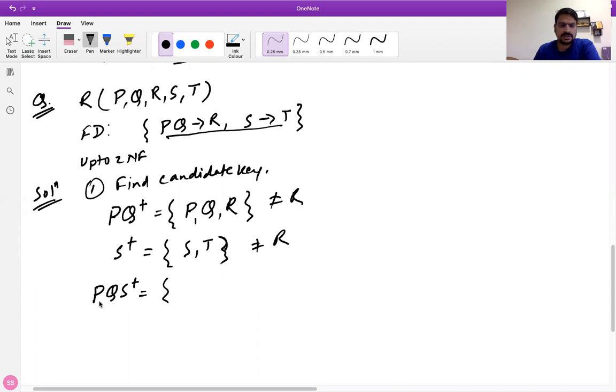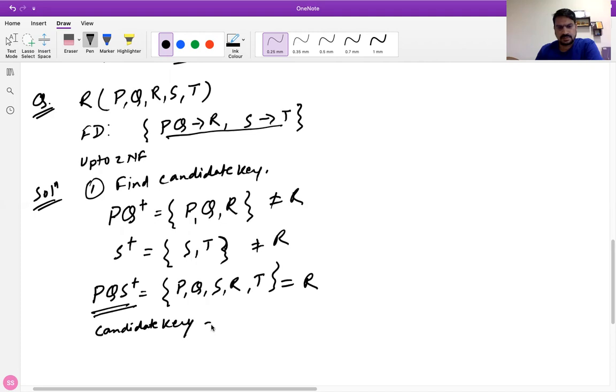PQ determines R and S determines T. So P, Q, R, S, and T we got, which is equal to R. So now we can say that P, Q, S are the candidate key. Okay, PQS is a candidate key.